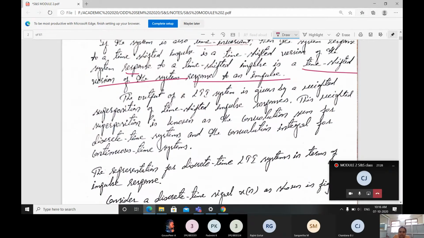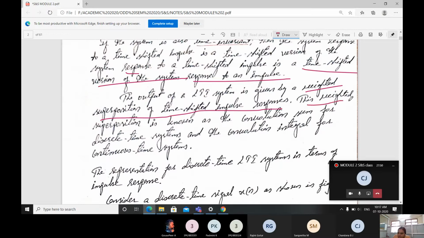Then the output of an LTI system is given by the weighted superposition of the time shifted impulse responses. Remember, that is the output of the LTI system.